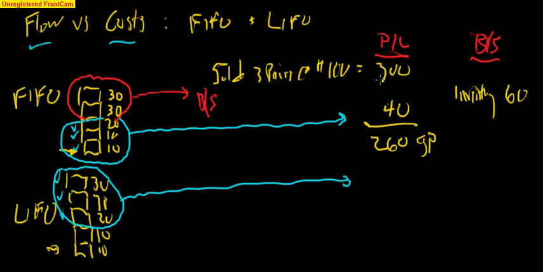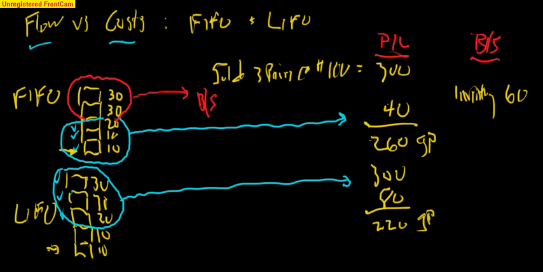And our P&L looks like what? Well, our sales are 300. But what's our cost of sales? 30, 30, 20, that's 80. Gives us what? 220 for gross profit.